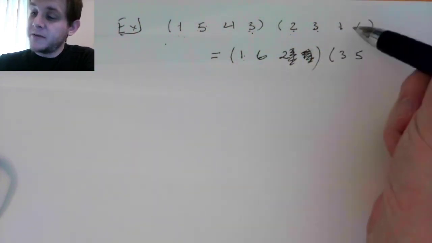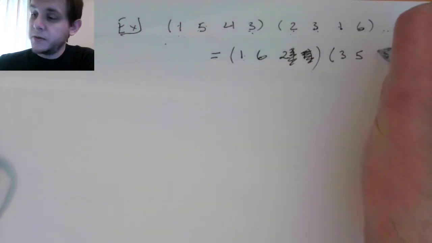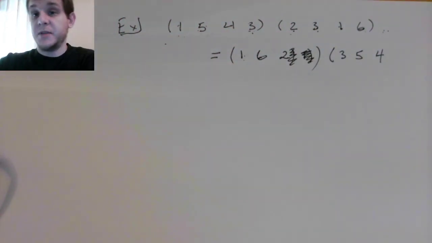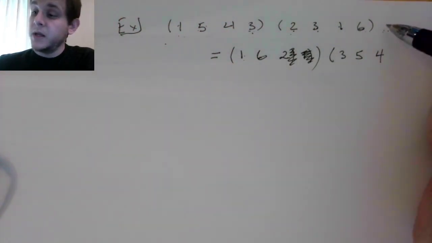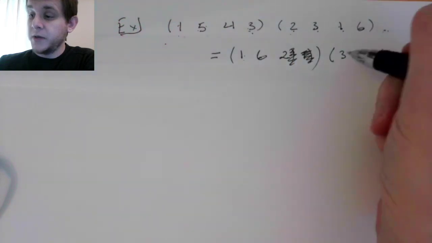If I plug in 5, 5 is fixed by this permutation and sent to 4 under this one. So the image of 5 is 4 under the composition. If I plug in 4 here, 4 is fixed by this and then is sent to 3.